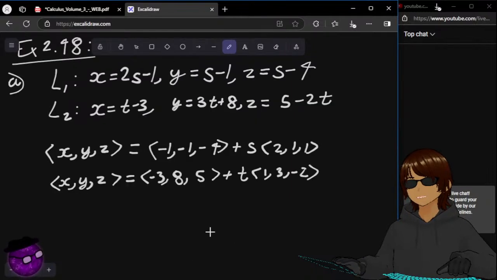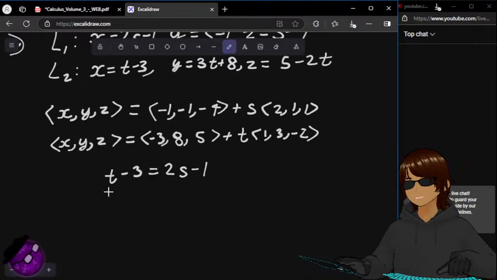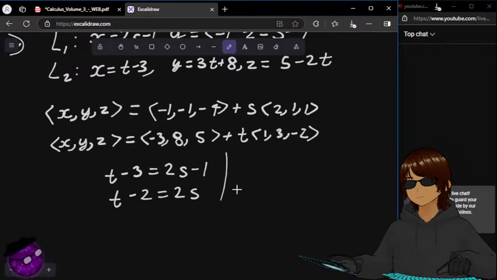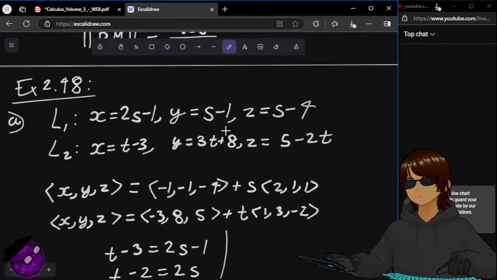Let's see. Let's try to make the x equal. So if I have this and this, then I have t minus 2 is 2s.